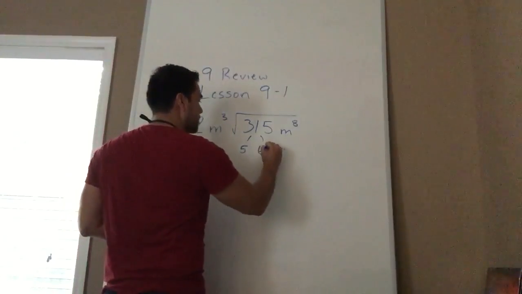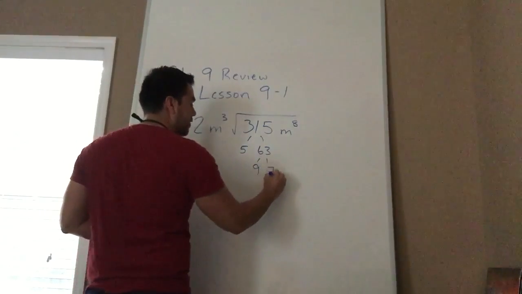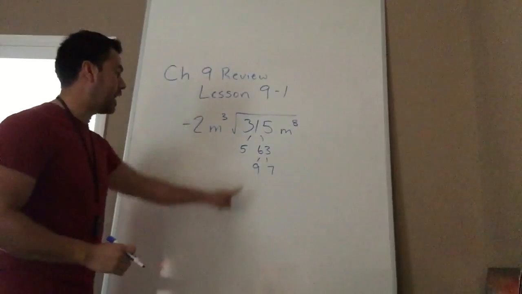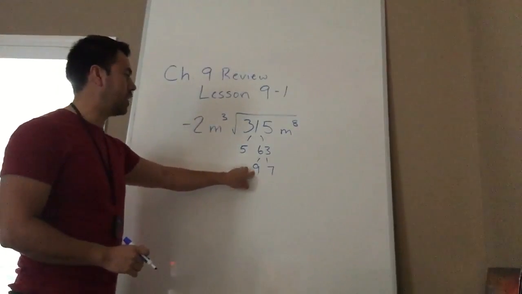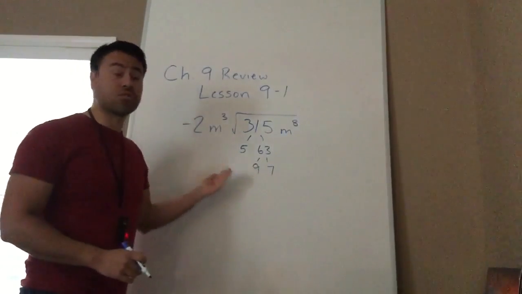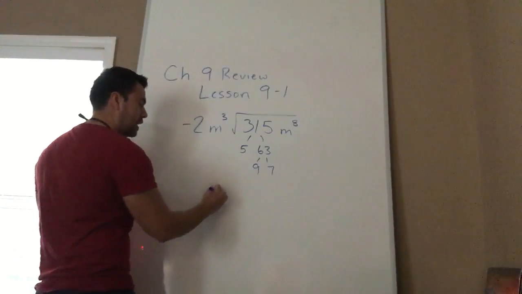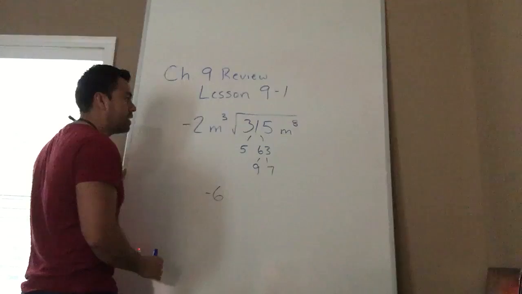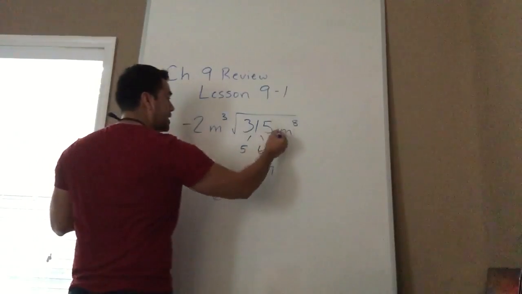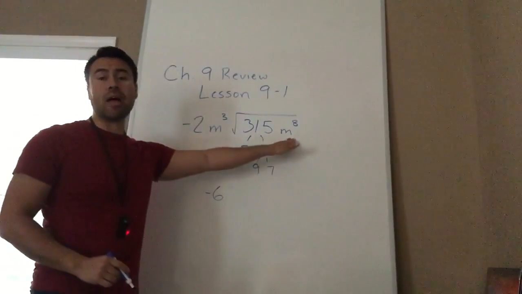So it gives me 63, and then 9 and 7. Okay, so I got a 9, which is good, and then a 5 and a 7. So that 9 is going to come out as a 3, and that 3 gets multiplied by negative 2, so I have negative 6. And then I have 8 m's being multiplied in the radical, so I need to pull out every pair.